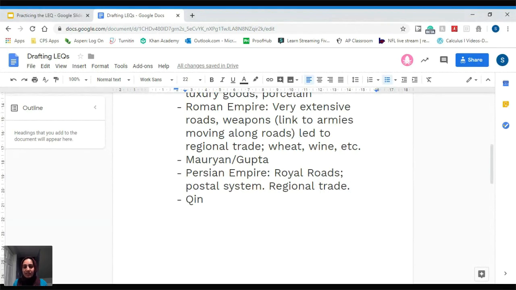And then they would have different stops. So the horses would stop, and then they would have fresh ones that would continue the journey and so on. It was a complicated system. But these kinds of roads helped foster the postal system, which helped carry information and carry goods and all of that.